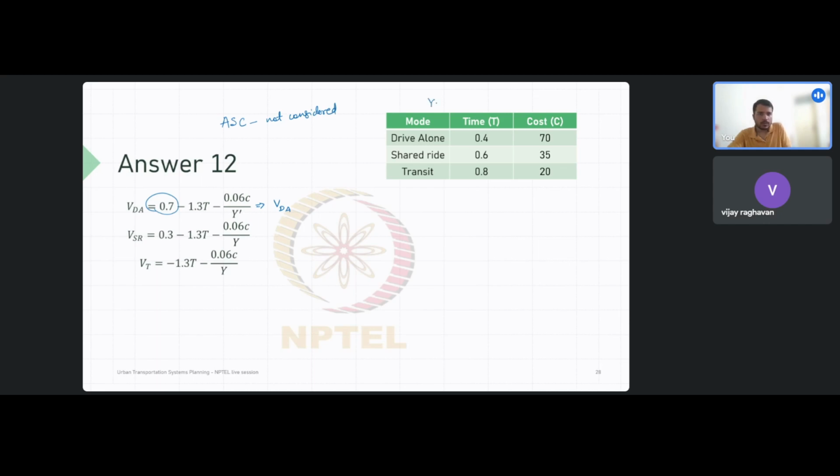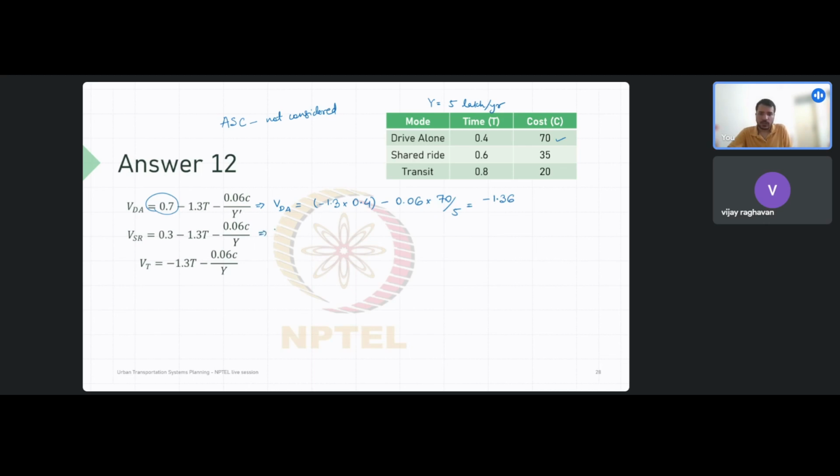So VDA will be minus 1.3 times time of DA, which is 0.4, minus 0.06 times cost of DA 70 by Y 5. So this is coming as minus 1.36.